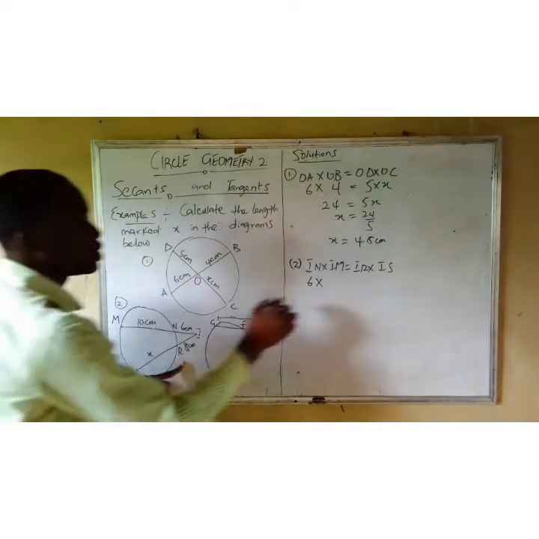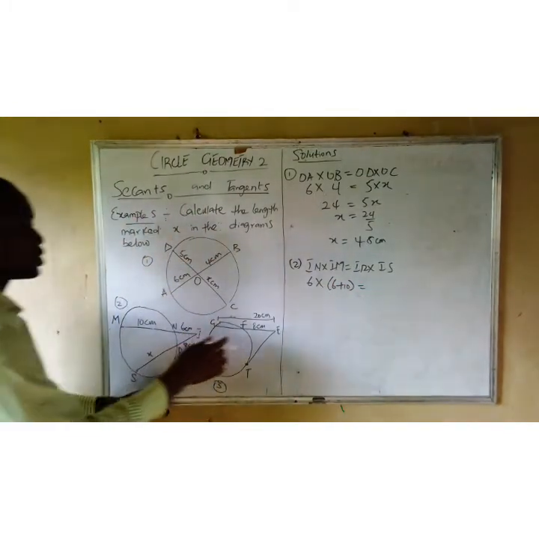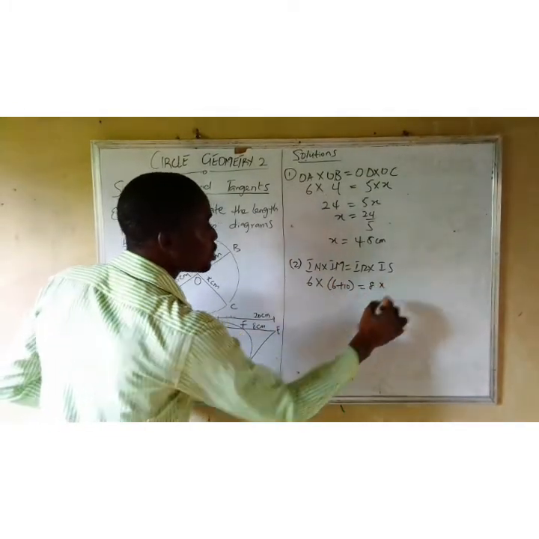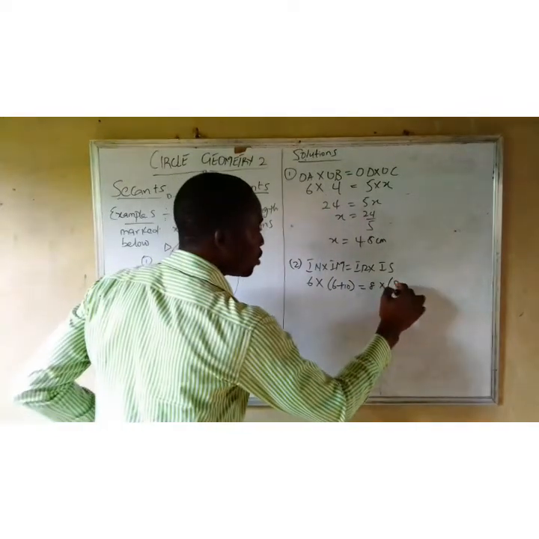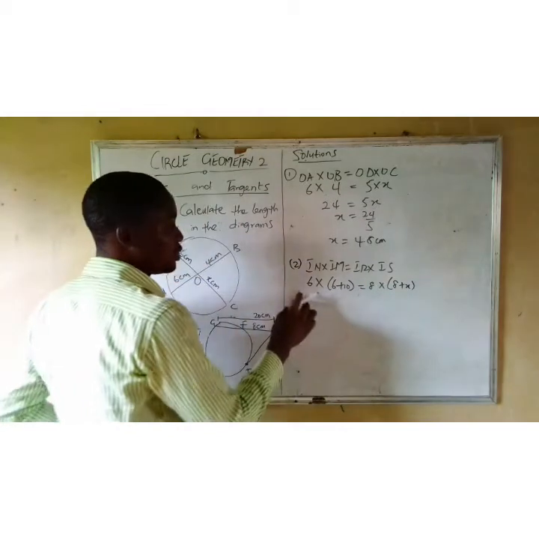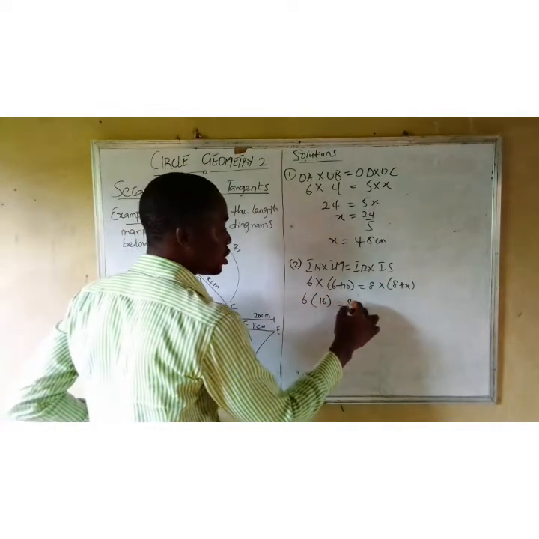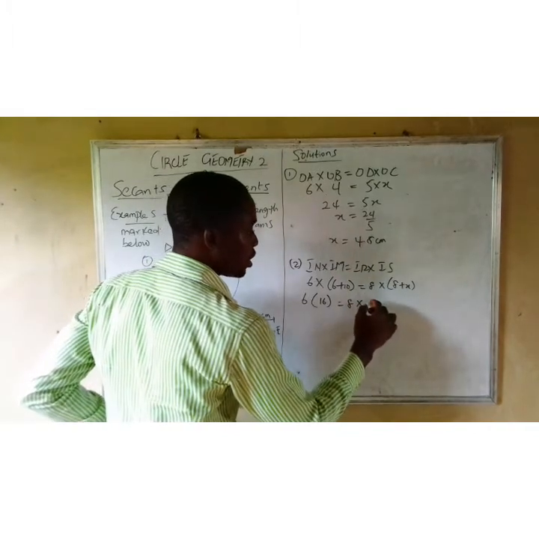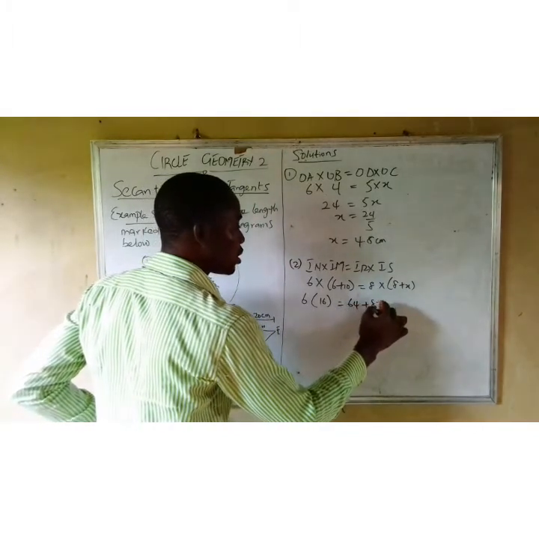That's 6 plus 10, equals IR is 8 times IS. What is IS? IS is from this point to this point, that's 8 plus x. That gives us 6 times 16 equals 8 times 8 plus x, which becomes 64 plus 8x.